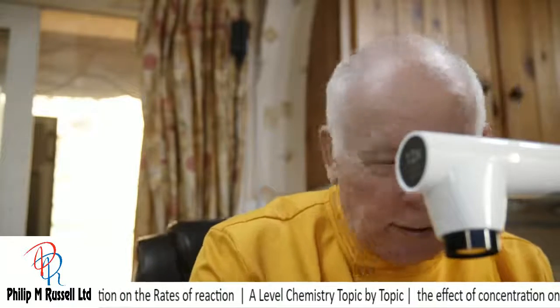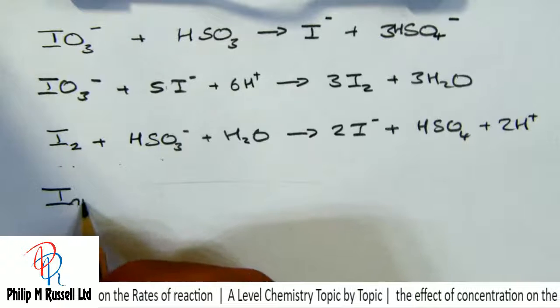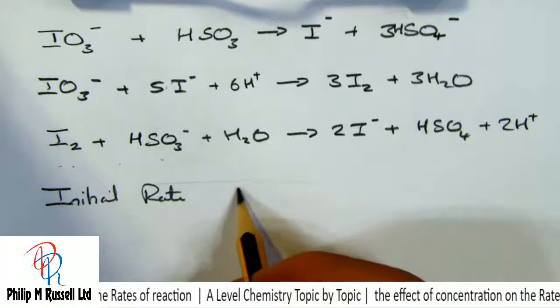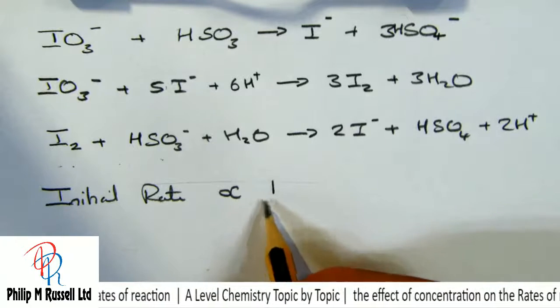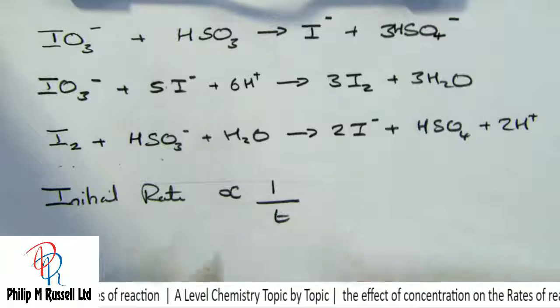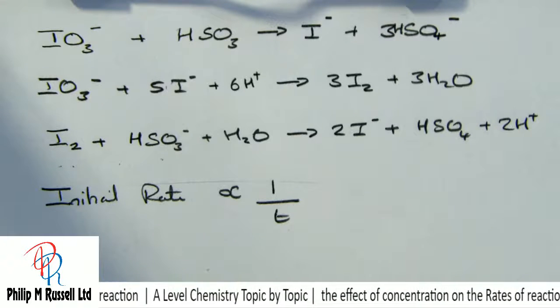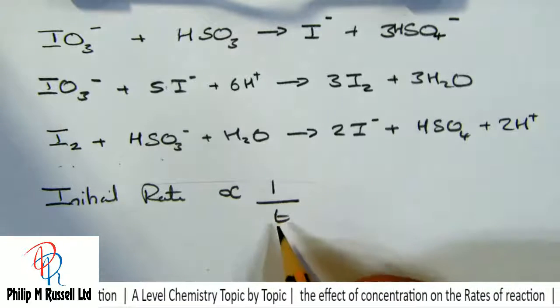That's the sort of idea that we're going to get. So our initial rate is going to be proportional to 1 over the time, especially if we then plot that with the concentration.